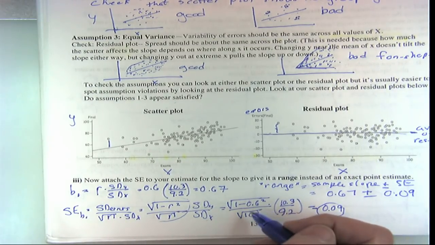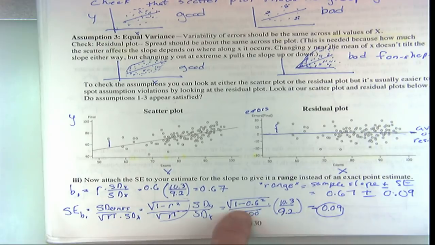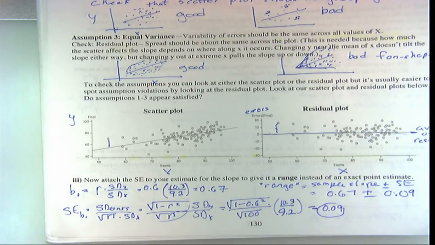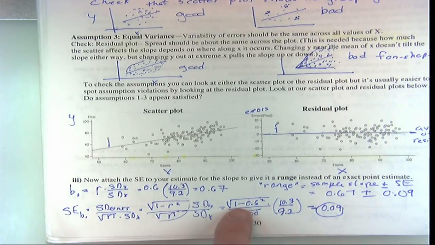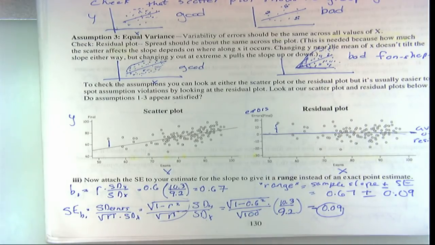And when the correlation's 0, then we have basically the standard deviation of y over x divided by the square root of 100. Okay.